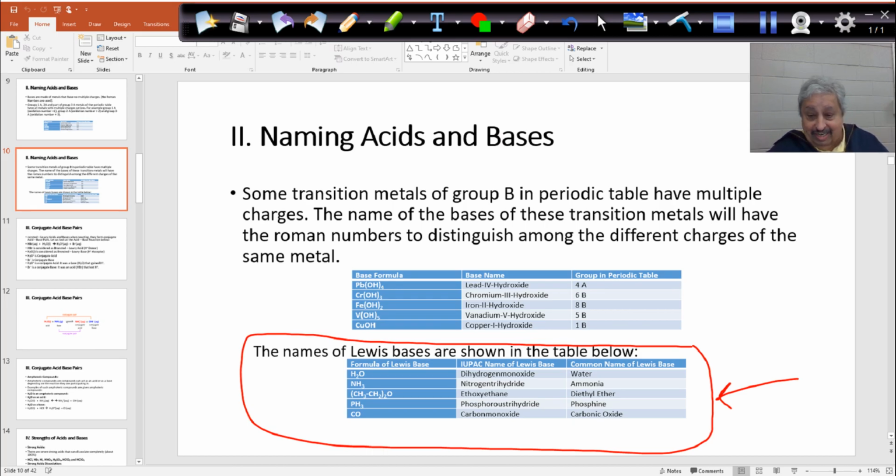Dihydrogen monoxide, and then we have dihydrogen dioxide, and then we have ammonia, which is nitrogen trihydride, and you have ether, diethyl ether or ethoxyethane. We have phosphine or phosphorus trihydride. We have carbon monoxide or carbonic oxide.